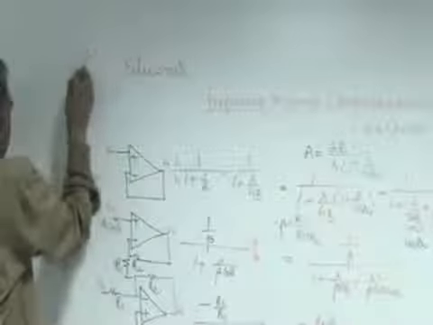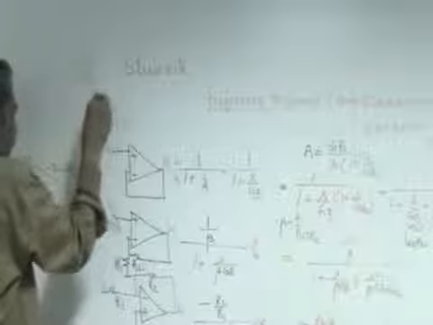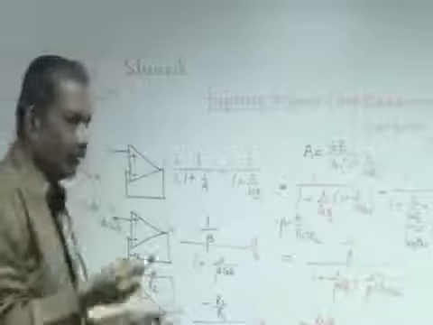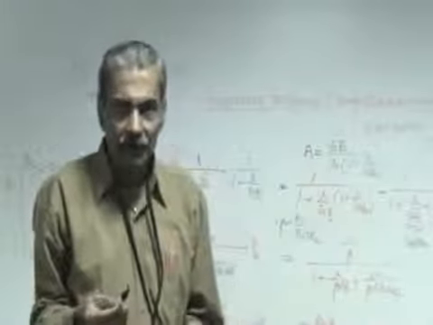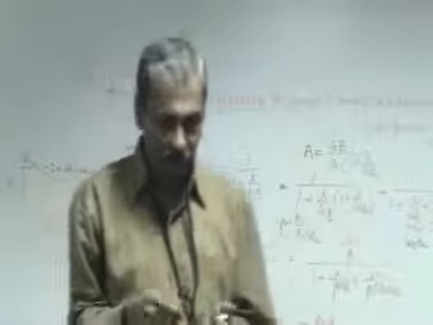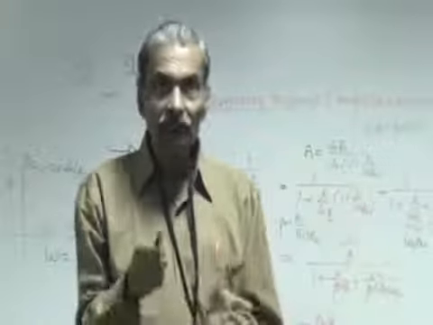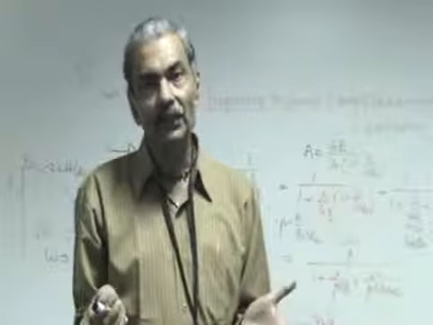Slew rate is nothing but delta V0 by delta T, the maximum that the op-amp is capable of rising. And therefore, if you measure the slope of the output waveform, we can directly measure the slew rate of the op-amp.